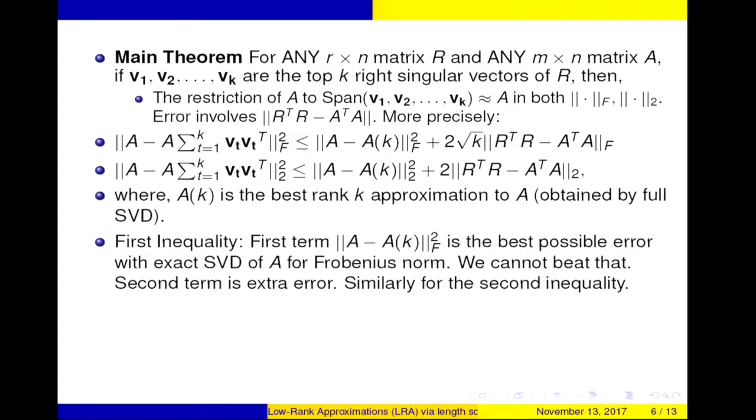Again, this is repeating what I said: A minus A_k squared is the best possible error with exact SVD. We cannot beat that. And this second term is the error, that's a little bit more.